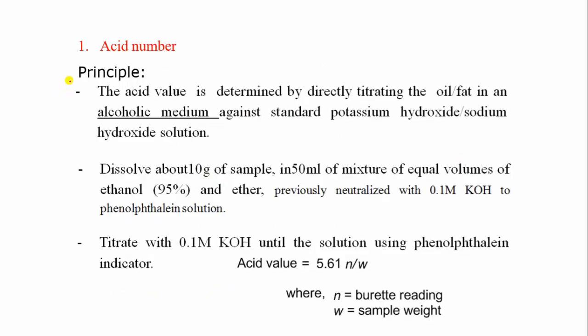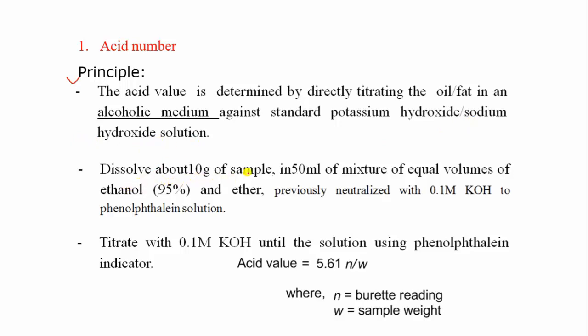Now, the principle behind the acid value. What is the principle? We have to find out the amount of free acid present in oils. So, the acid value is determined by directly titrating the oil or fat in an alcoholic medium against standard potassium hydroxide or sodium hydroxide solution.